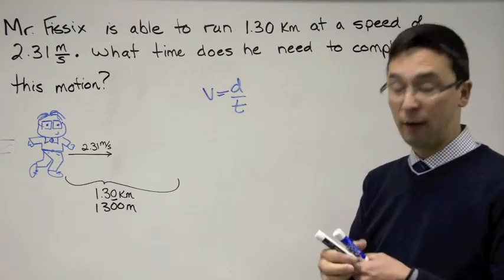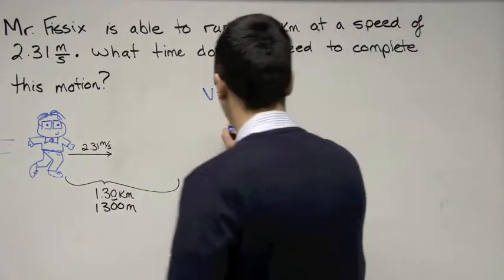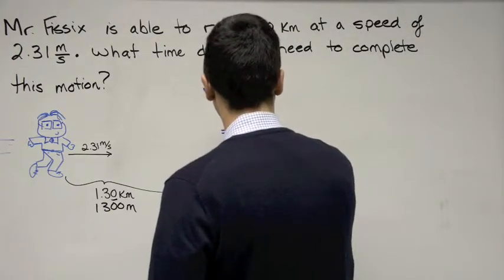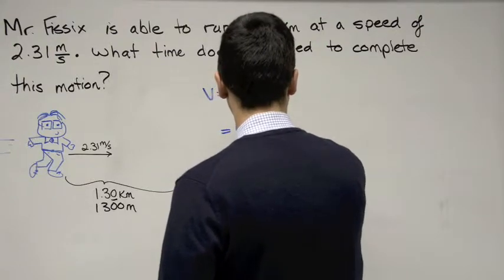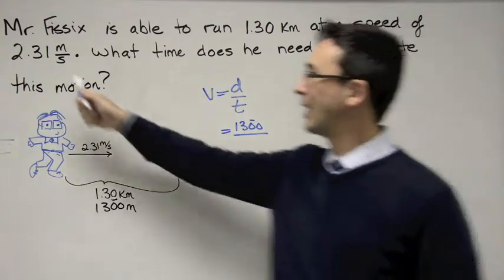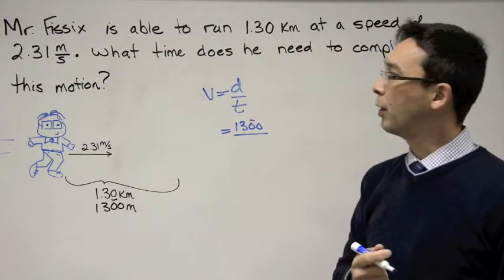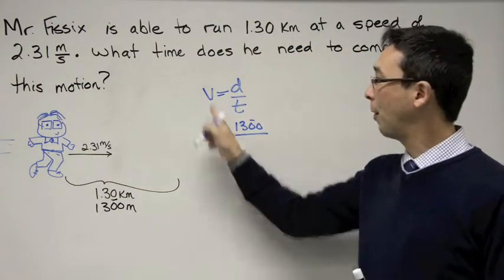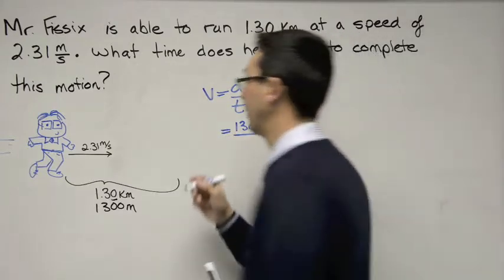I'll put that in for distance. For my velocity, it's given here, 2.31 meters per second. I'll put that in for my velocity.